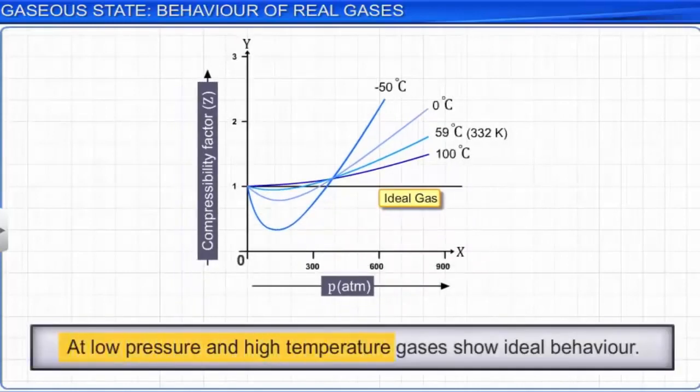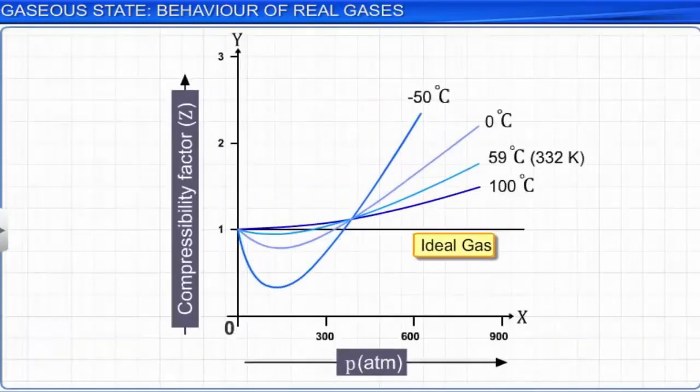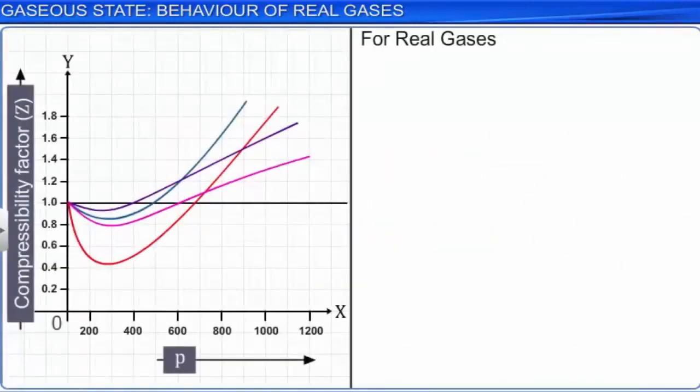Let us see another significance of the compressibility factor. We know that compressibility factor for a gas is calculated as Z is equal to PV real divided by nRT.